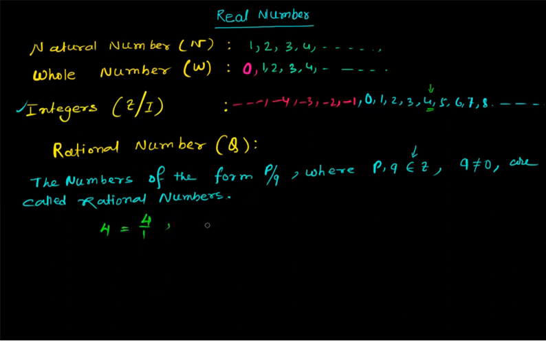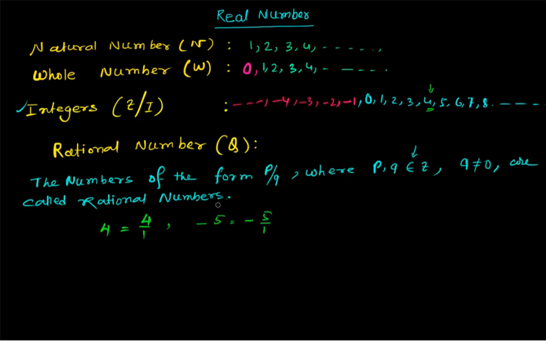Or if you choose a negative number, say -5, that also can be represented in the form p by q, where the denominator q is 1, and we know 1 is an integer. So all the integers are also rational numbers.